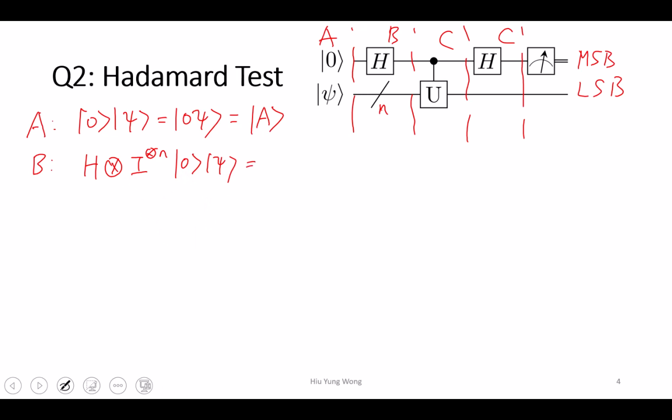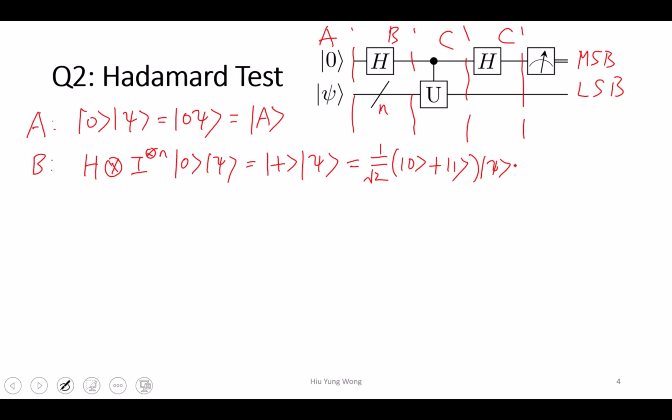H|0> becomes |+>, and then nothing changed, right? So this is B. Of course, if you want to express it in the 0, 1 basis, it becomes 1 over square root 2 times |0> plus |1>, and then tensor product with |psi>, right?